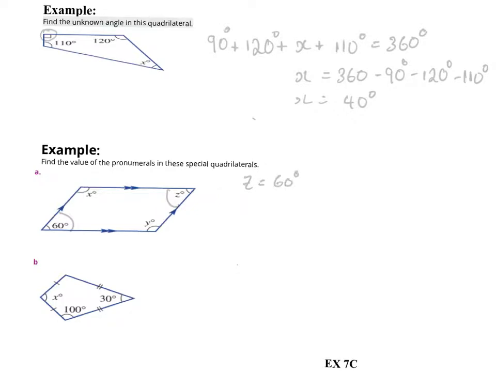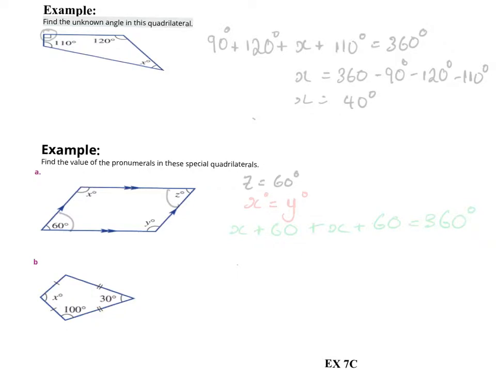The other thing we know here is that x is equal to y, which means I could actually write this as what? x plus 60 plus, now instead of using y, I'm going to use x again, plus, and I know z now is 60, and altogether they add up to 360 degrees.